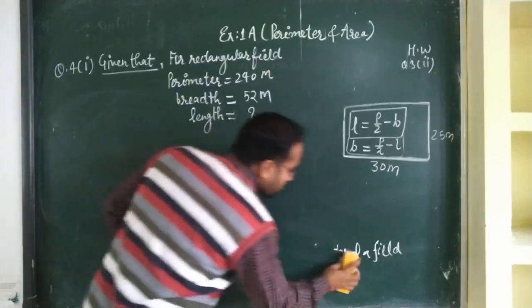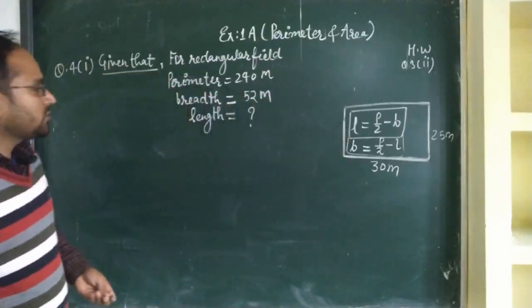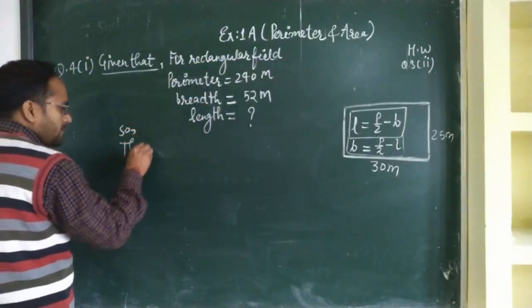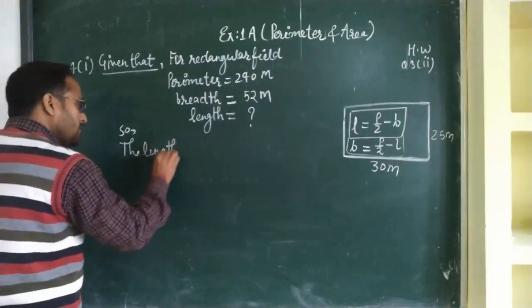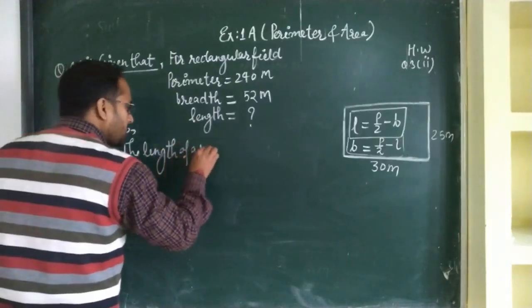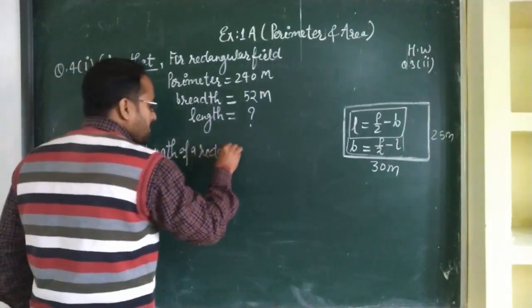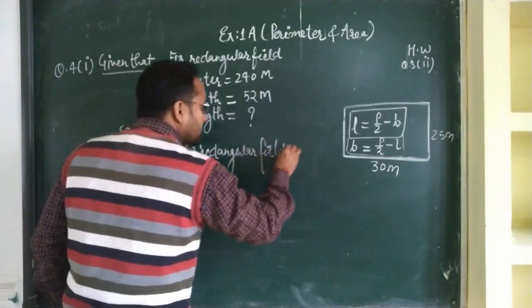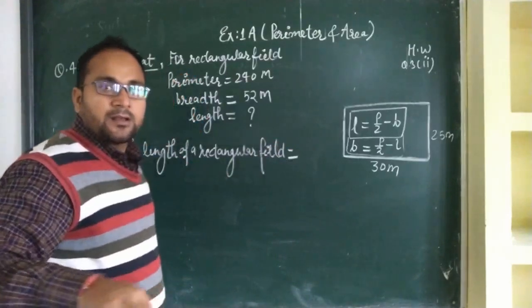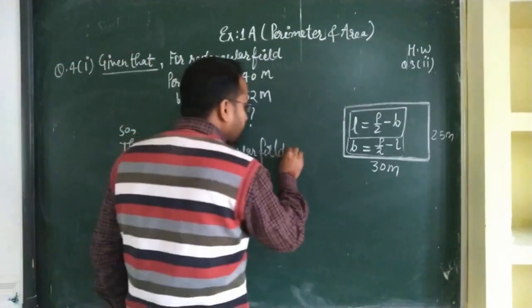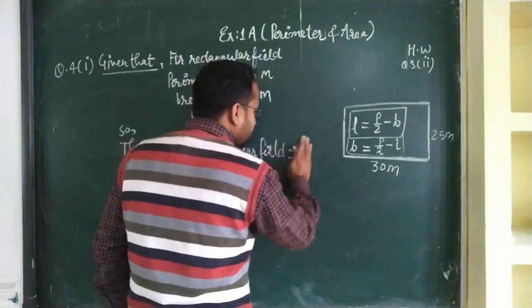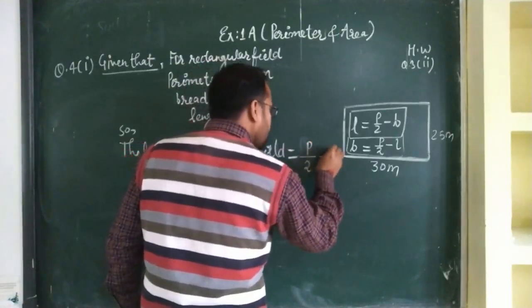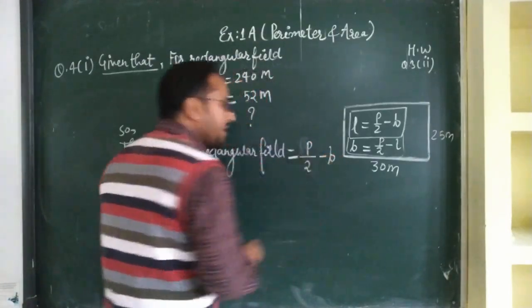You can use the direct formula to find it. The length of a rectangular field is equal to perimeter by 2 minus breadth.